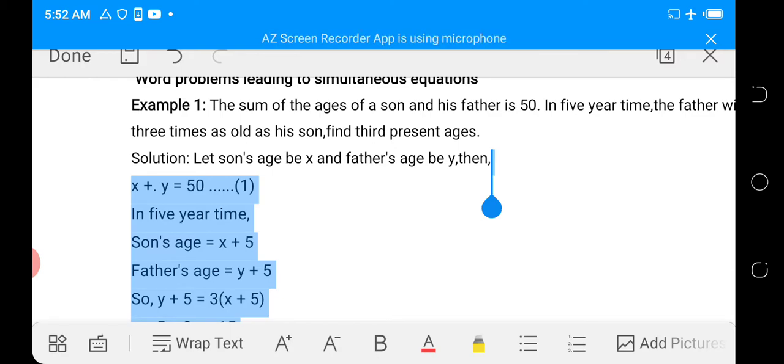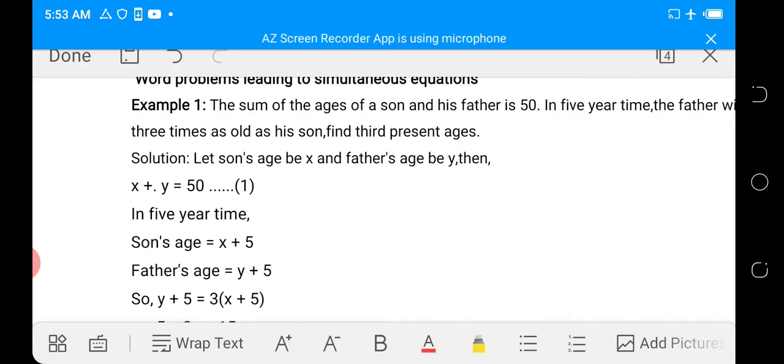Let's move to sentence 2. In 5 years' time. What will happen in 5 years' time? We were told that the father's age will be 3 times the son's age. So if presently the son is of X age, in 5 years' time, the son's age is going to be X plus 5.